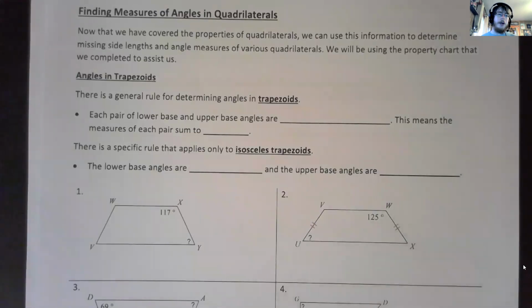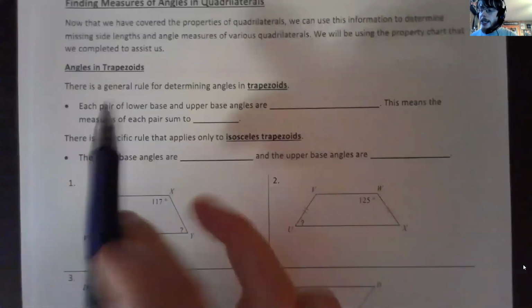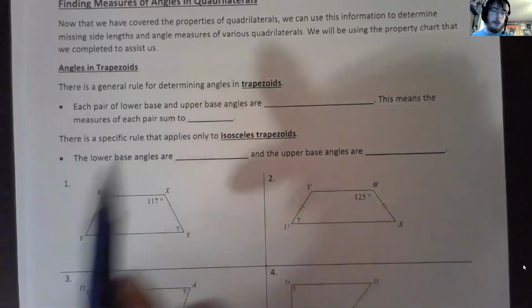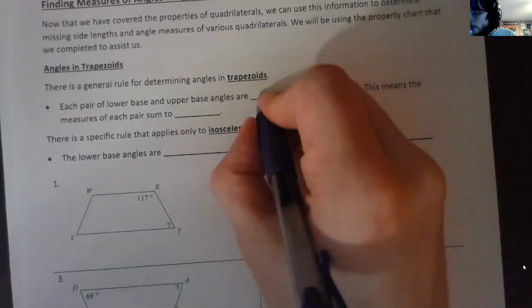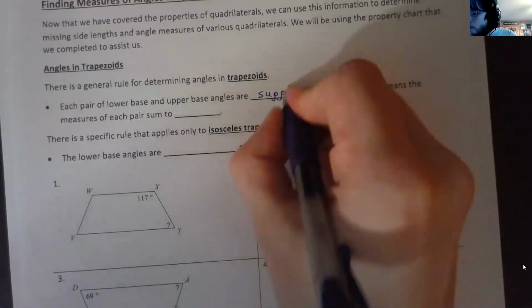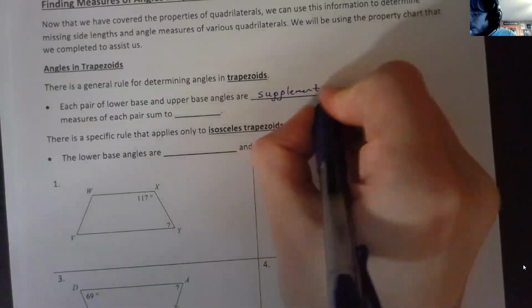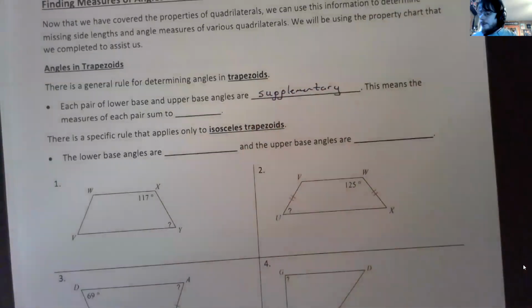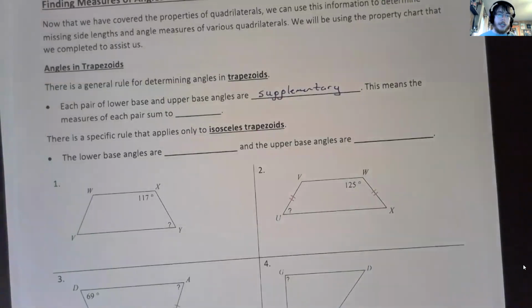The first type of problem we're going to be dealing with is the angles in trapezoids. There's a general rule for determining angles in trapezoids, and there's one that only applies to isosceles trapezoids. The general rule is that each pair of lower base and upper base angles are supplementary.